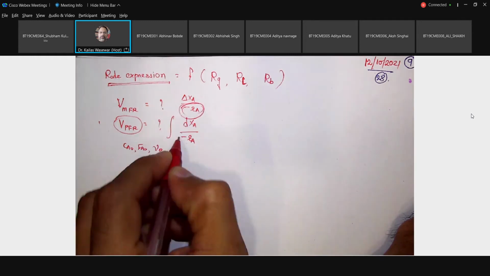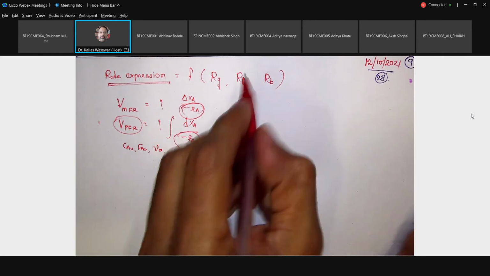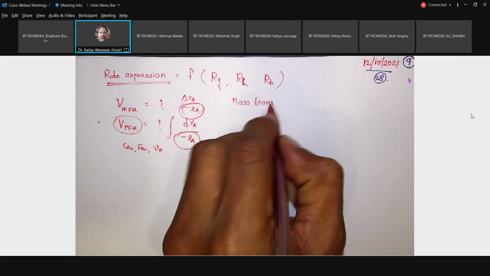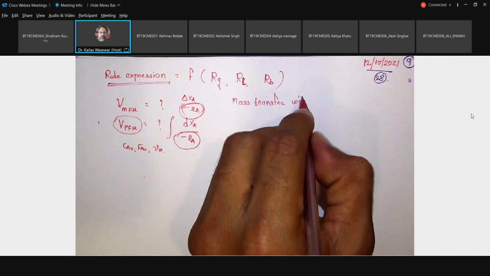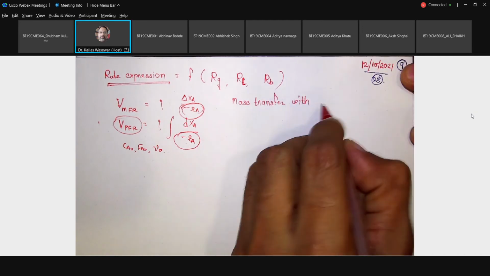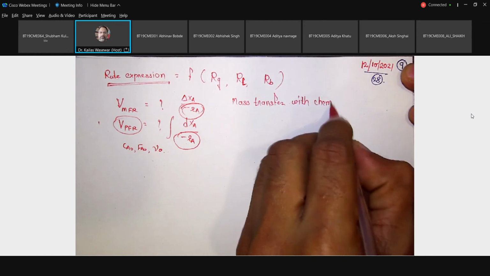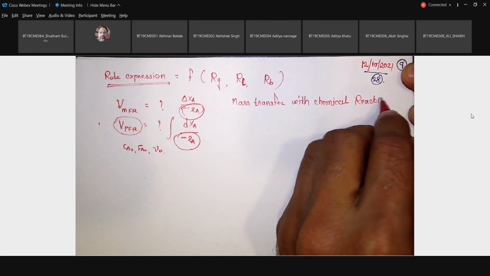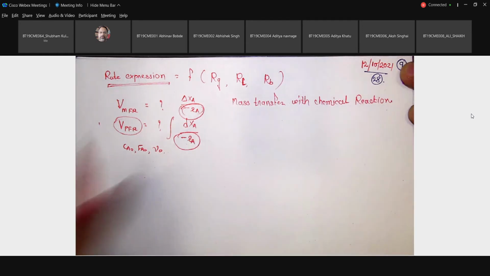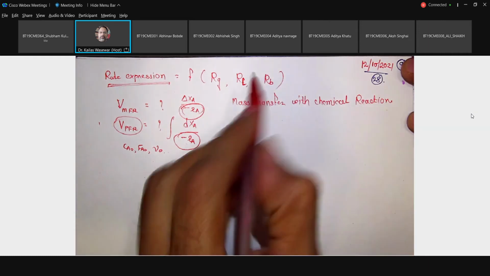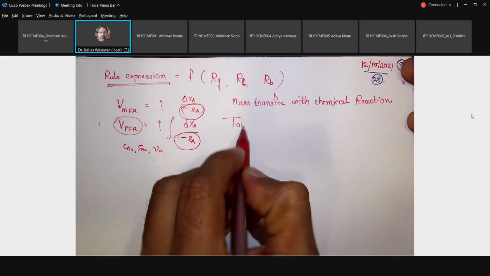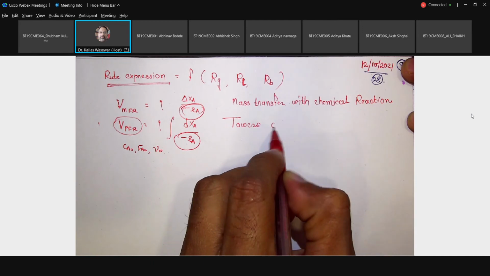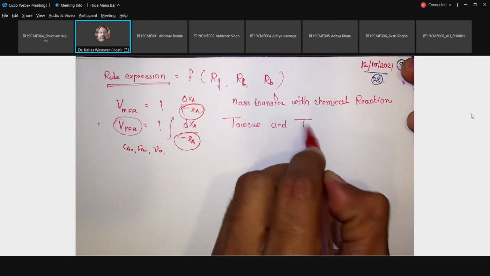Similarly, in this particular case also, having mass transfer with chemical reaction, we have towers and tanks. Generally we use towers as a kind of plug flow reactor, and tanks will be agitated tanks.